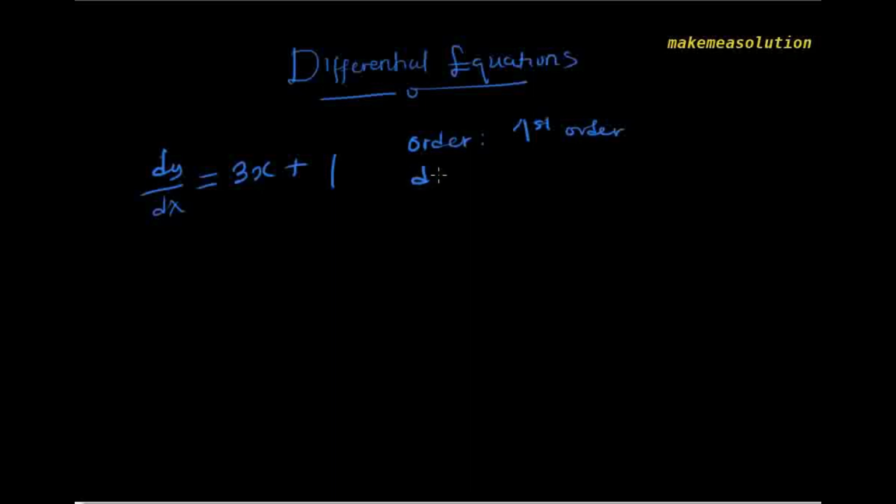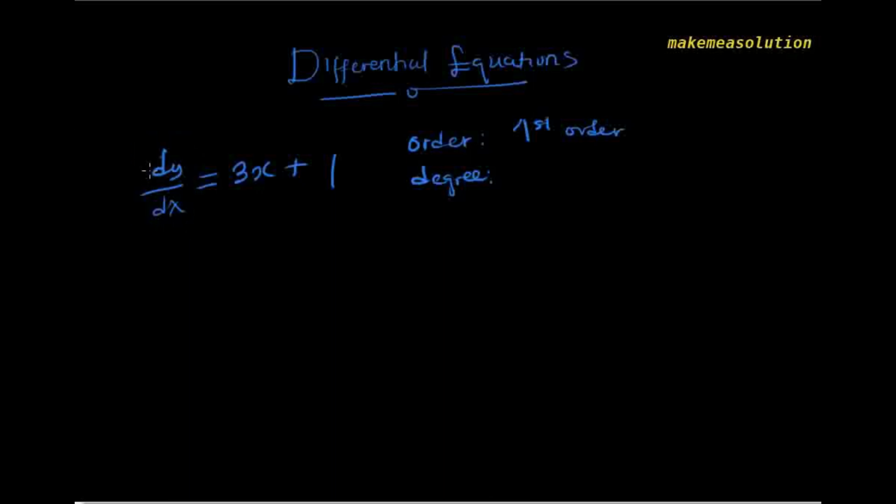And let's go to the degree. We'll see more about order to drive home the point. Now for this particular differential equation, how do you identify the degree? The degree of the differential equation is the power of the highest order. So you go to the highest order, which is this first order derivative term here, and you can see that there is an invisible one. There's an invisible one surrounding this whole derivative.